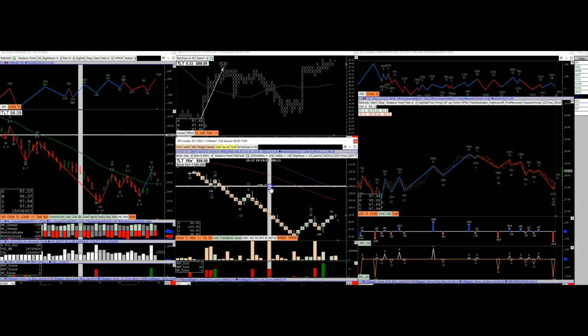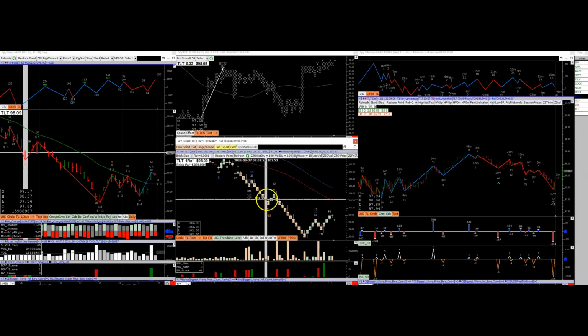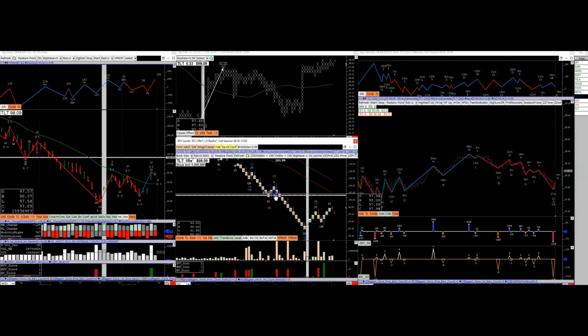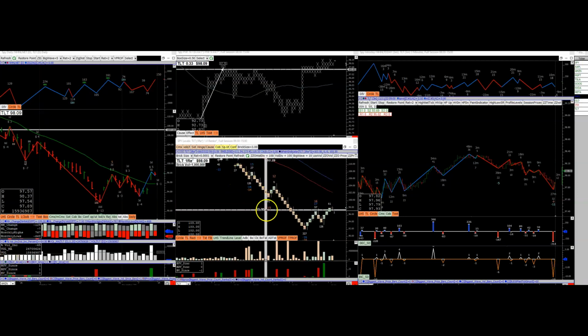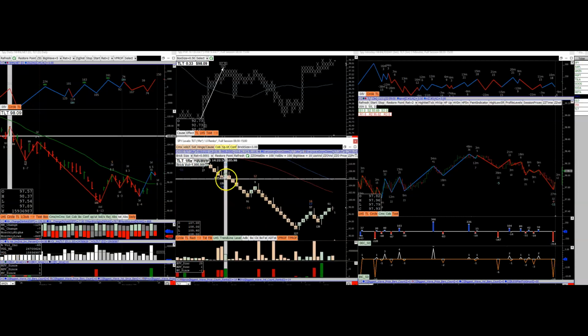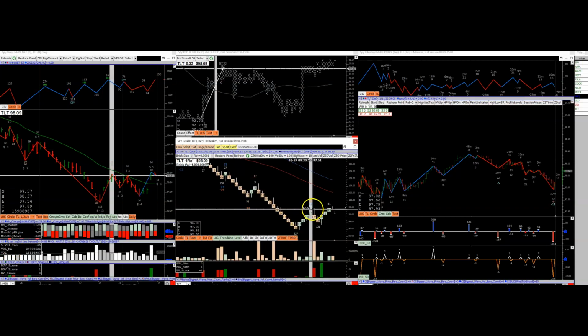You see? Down, up. So it naturally gives you that. Like I was saying, the Renko chart can naturally give you that rally pullback, the clarity of that price movement is very, very important.